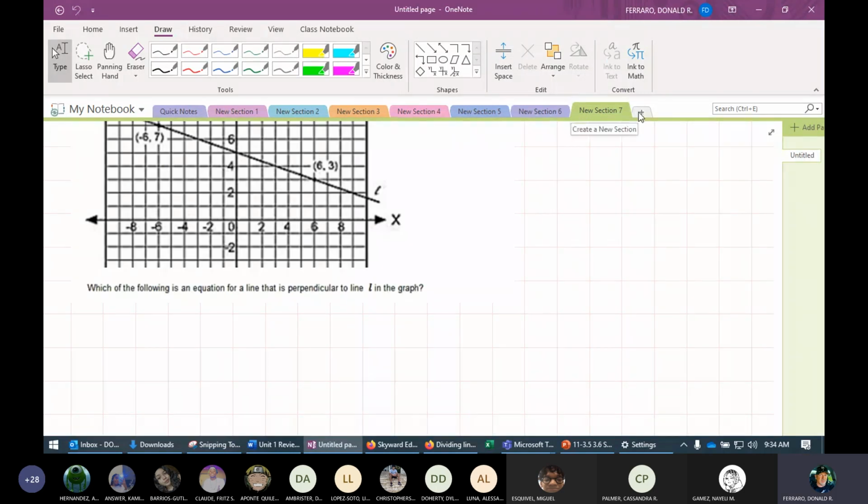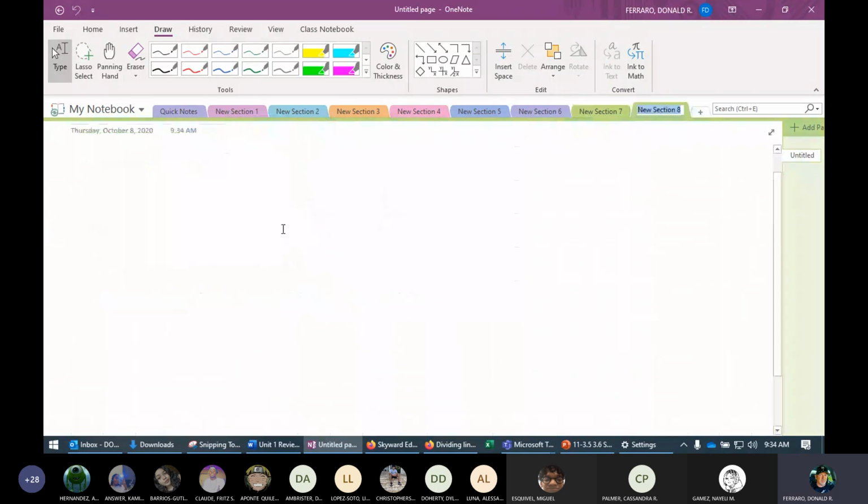Let's give a clean one here. If I gave you an equation for a line, y equals 2x plus 1, and I wanted a line that's parallel to that, let me draw that graph. This is just a quick review here for you guys.